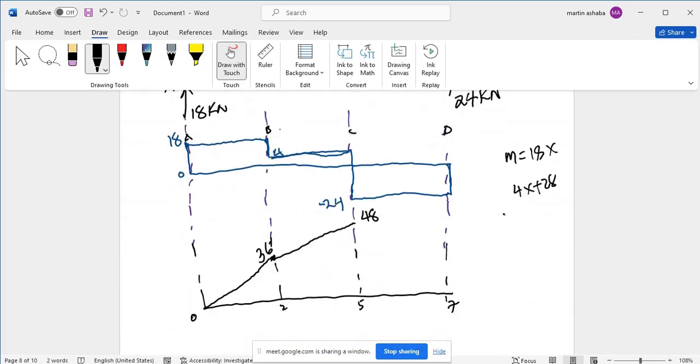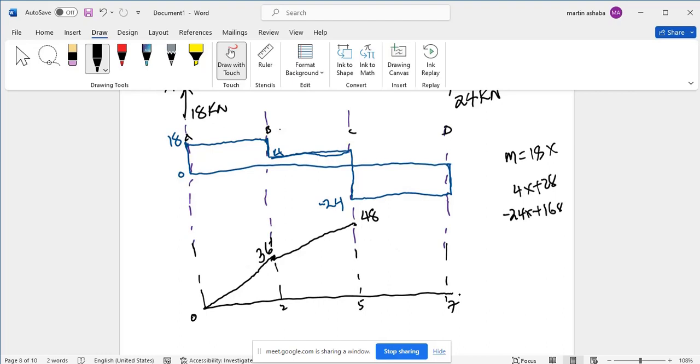I'm still at x equal to 5. If I use this equation, what is the value of the bending moment at x equal to 5? I have negative 24 times 5 plus 168. It gives me 48. It means it still starts from here.